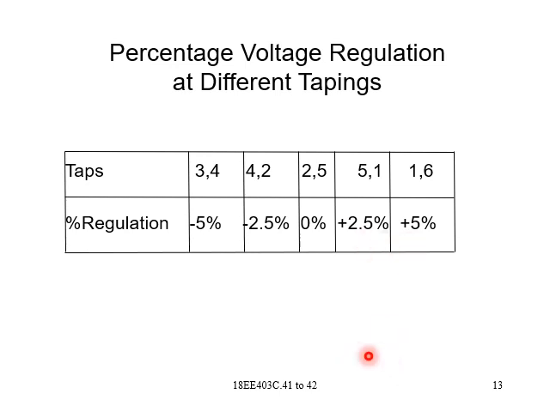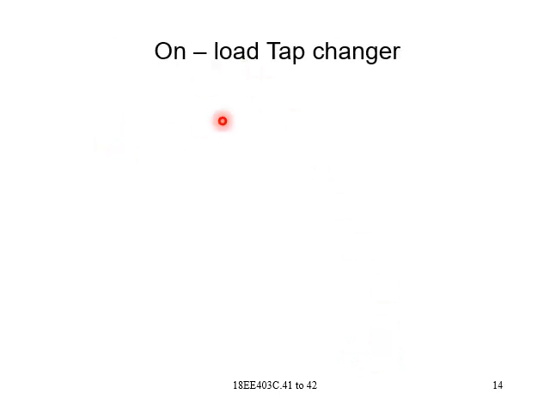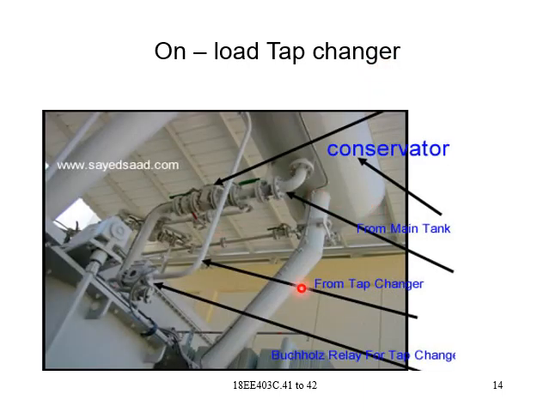Moving on to the next slide. Now we'll see the on-load tap changer. You can see the diagram of the transformer.